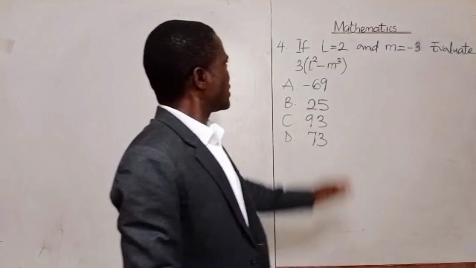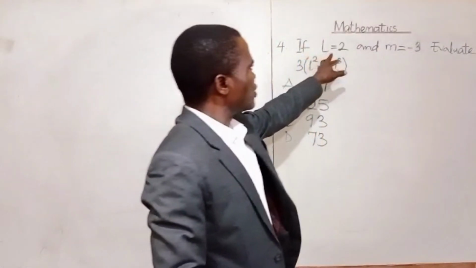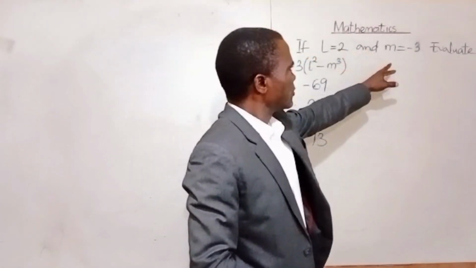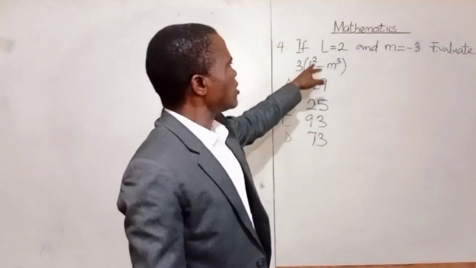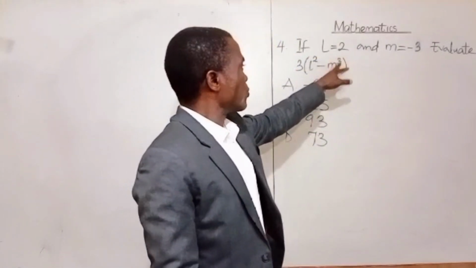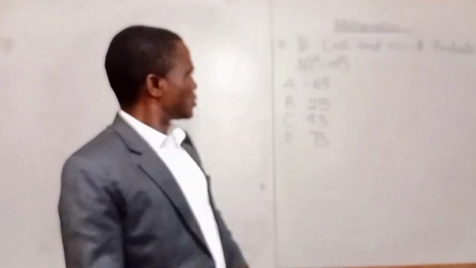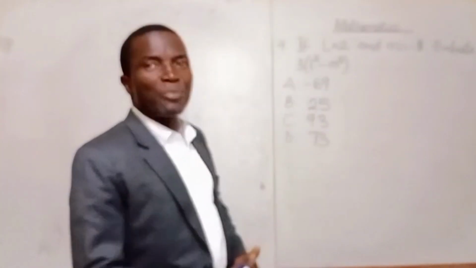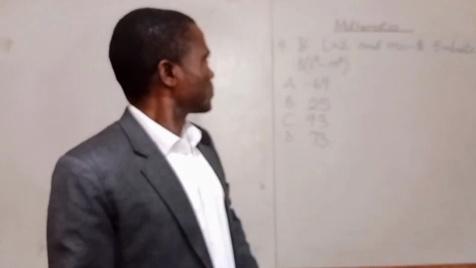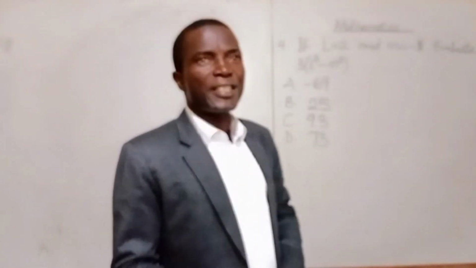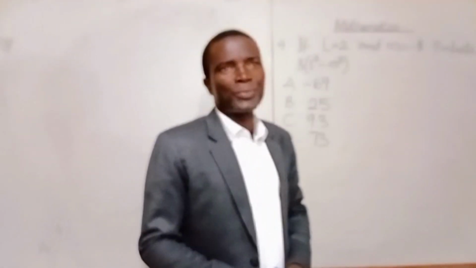The question says, if L is equal to 2 and M is equal to minus 3, evaluate 3 into bracket L squared minus M raised to power 3, bracket close. This is an example of substitution of algebraic expression, and it is a WAEC past question.